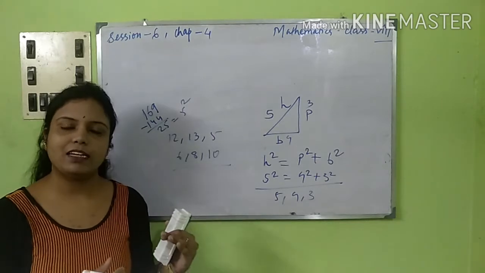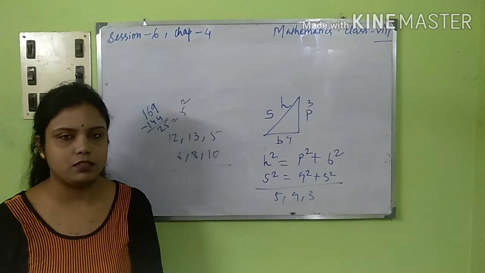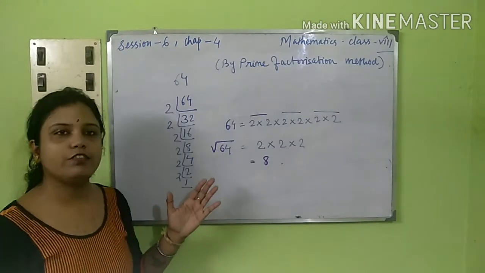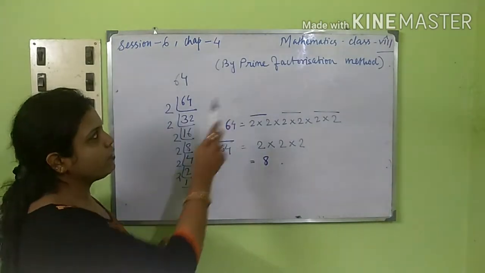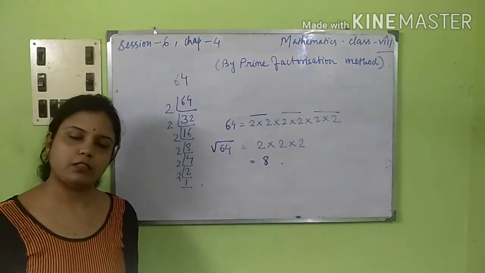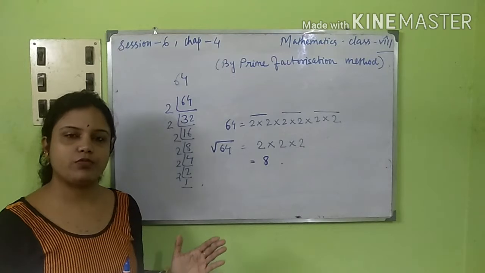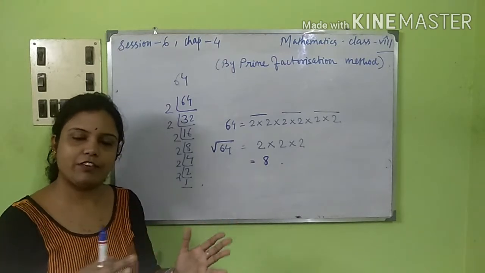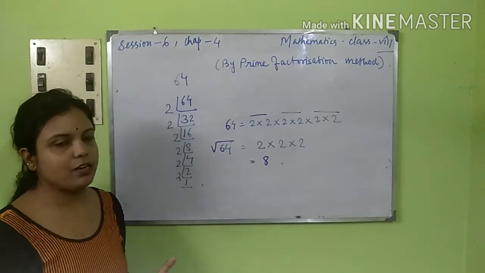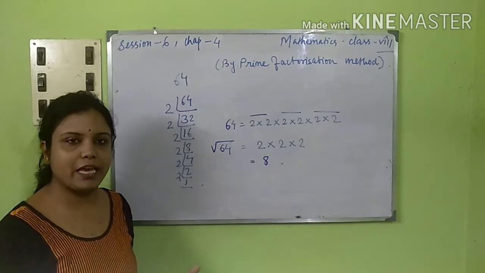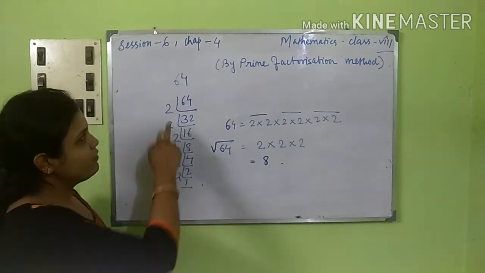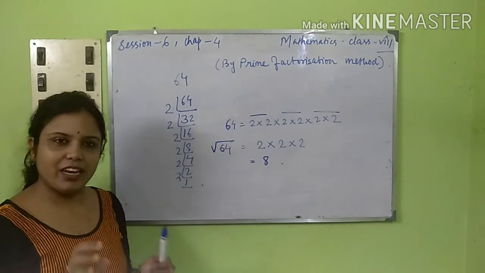Next, coming to the square root part, especially the long division method. The first method of square root we will be doing is the prime factorization method. What is prime factorization? You know it very well because we have been doing it from class 4, 5 and so on, including how to find the LCM. So we have taken a number, 64, a very common number.